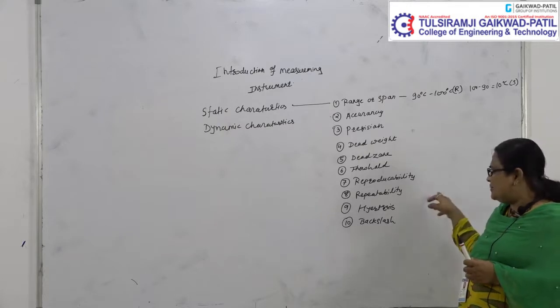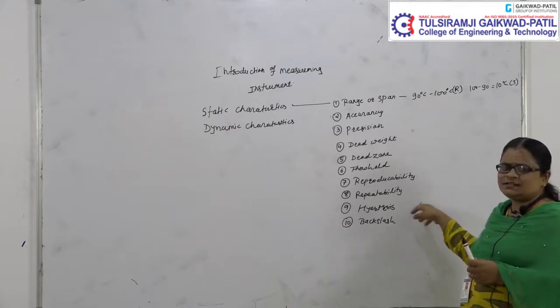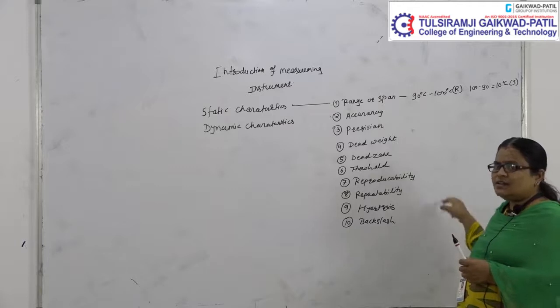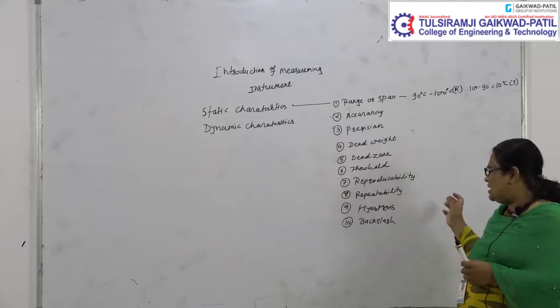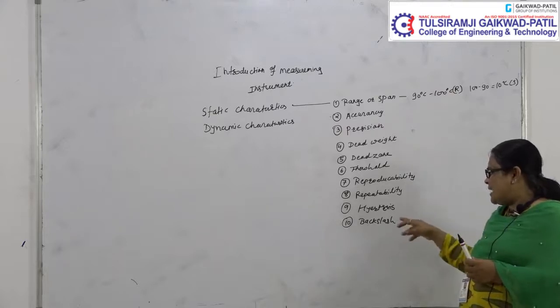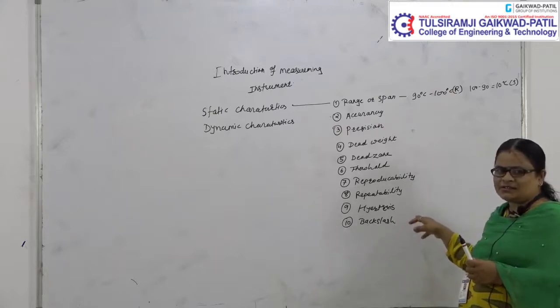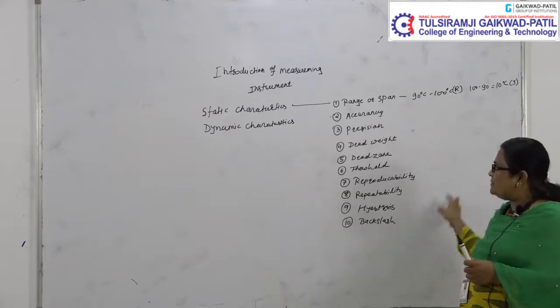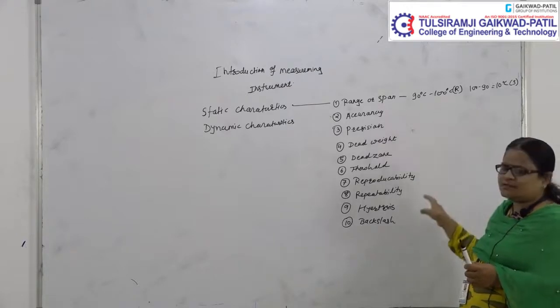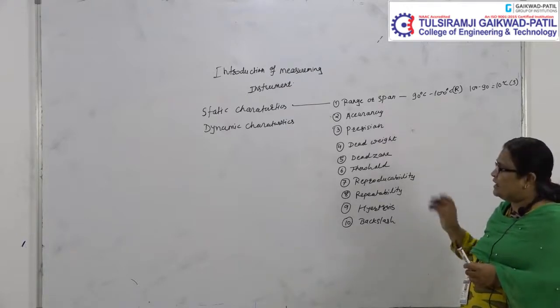Hysteresis is a zone in which the instrument can be synchronized with another instrument. And backlash is a process in which you check the parameter with respect to the mating surfaces. So these are the parameters related to the static characteristics.